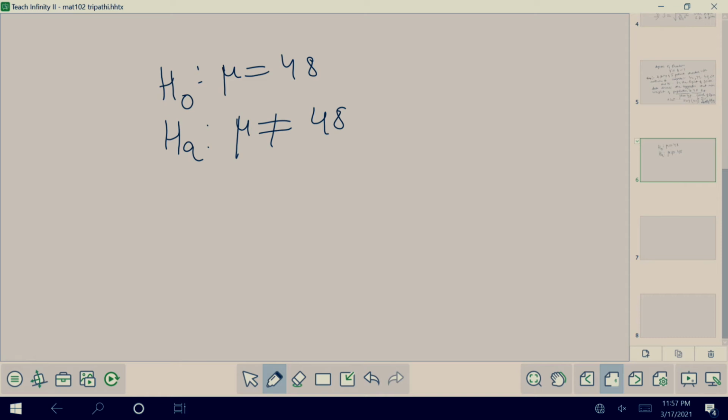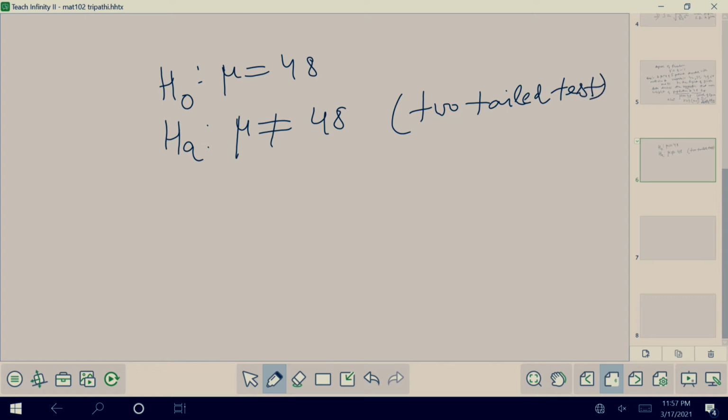It means in the null hypothesis we suppose that yes, the weight of the 5 patients is 48 kg, and the alternative hypothesis is the reverse. When we use this kind of hypothesis, in the null hypothesis mu is equal to 48 and in the alternative hypothesis mu is not equal to 48, that is our two-tailed t-test, right.